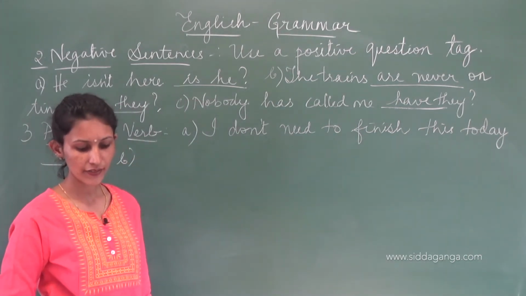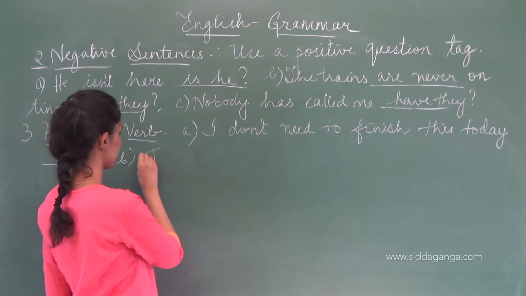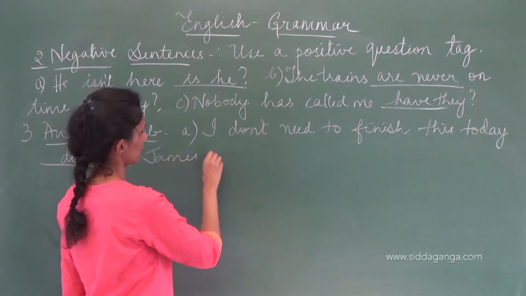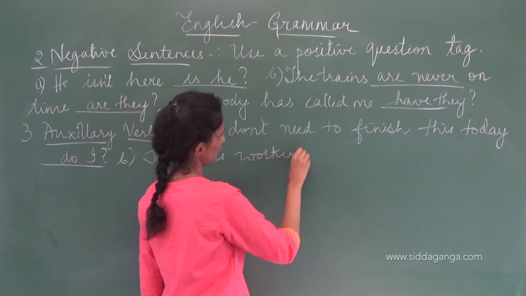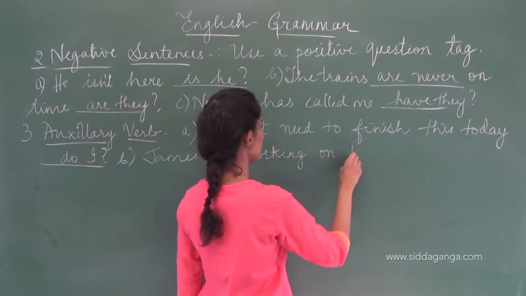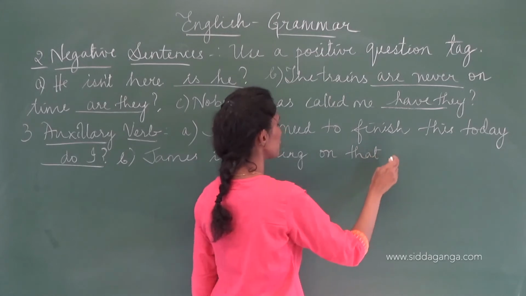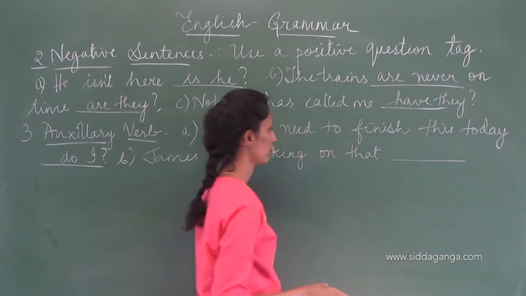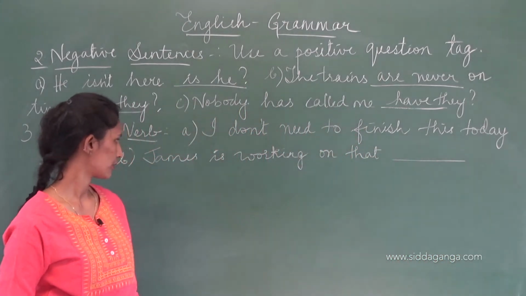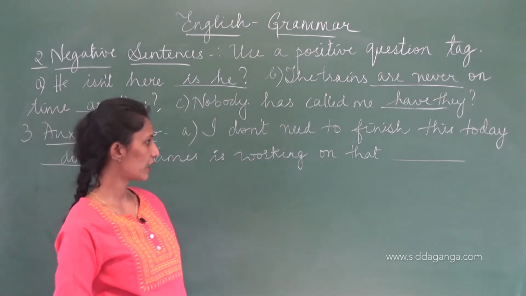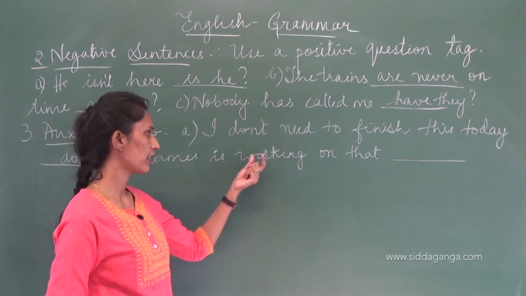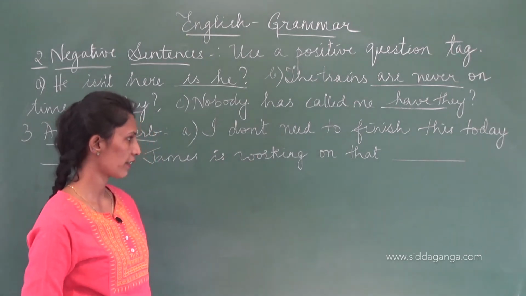James is working on that. So the subject here is James. The auxiliary, the helping verb, is. Working is the action there.